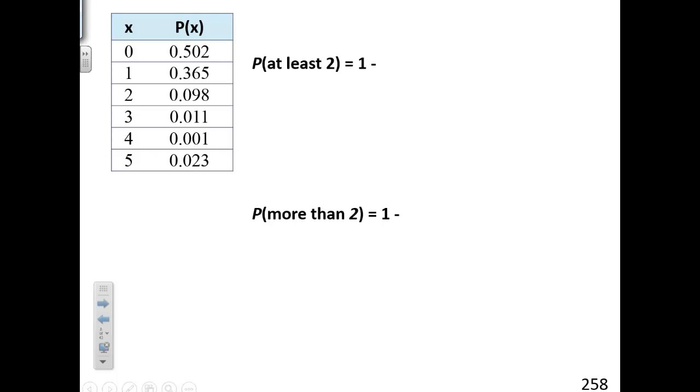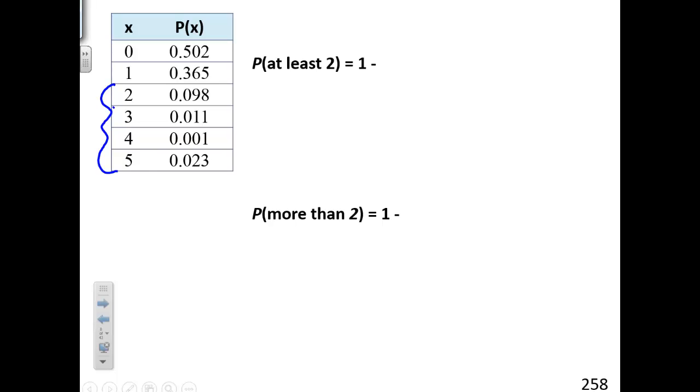The calculator will figure out from here to here for you, or it will add 0 to 3 for you. It'll even add all the way up 0 to 5. However, it will not add 2 to 5. It won't do that for you, not using the Binomial CDF function.